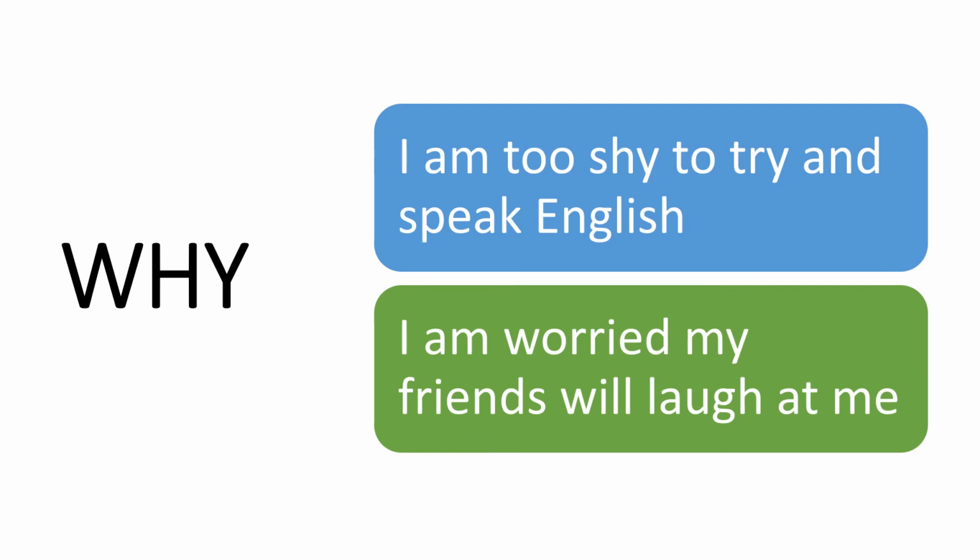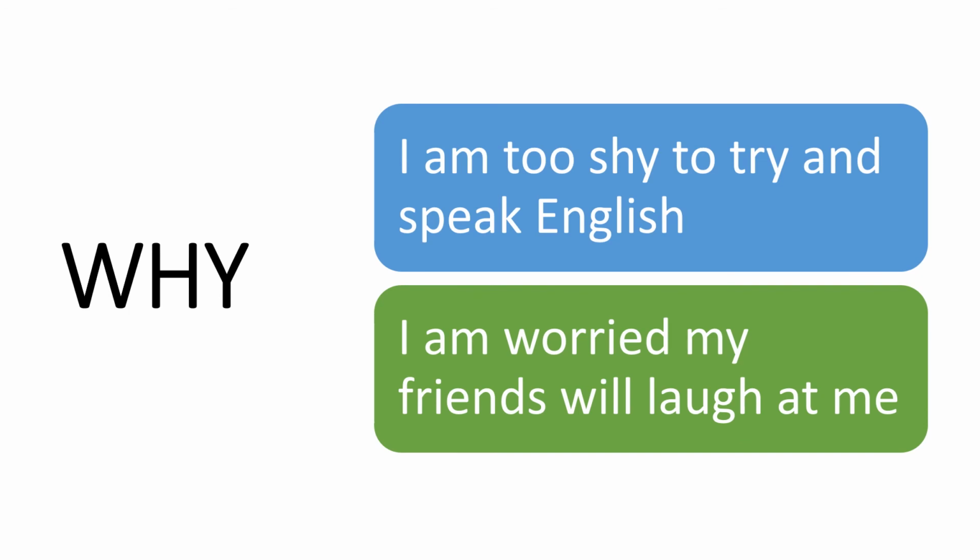For example, this one, why I'm too shy to try and speak English. Why are you too shy to try and speak English? Because I have low self-confidence. I'm worried my friends will laugh at me. Something like this one. And then this one as well, what or how you can solve the problem.